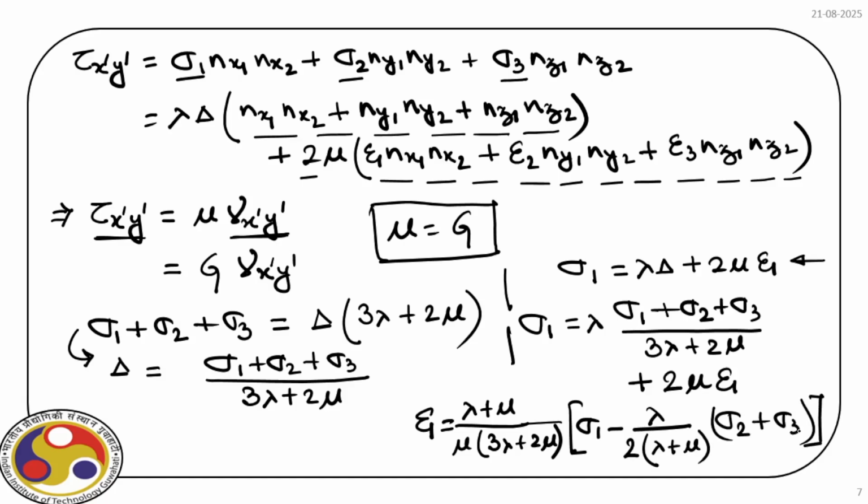So this I leave as a home task. You start from this expression and find out epsilon 1 in terms of sigma 1, sigma 2, sigma 3.